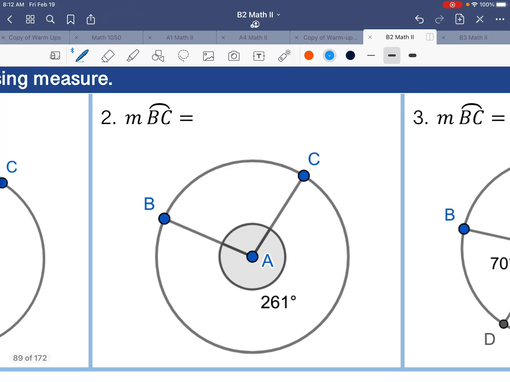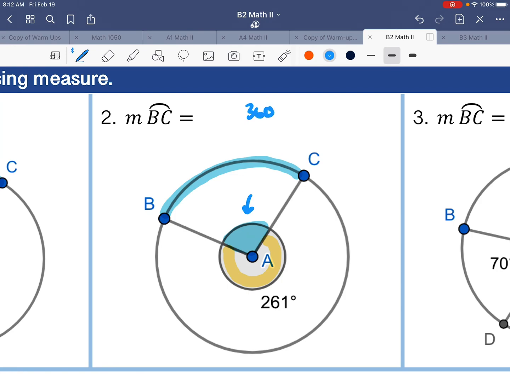For number 2, it's again wanting us to find this arc BC, but instead of giving us this angle, which is the one that we need, they gave us this one. So this time we will need to use the fact that a whole circle is 360 degrees, so that we can take away that 261 and find this leftover angle in here.